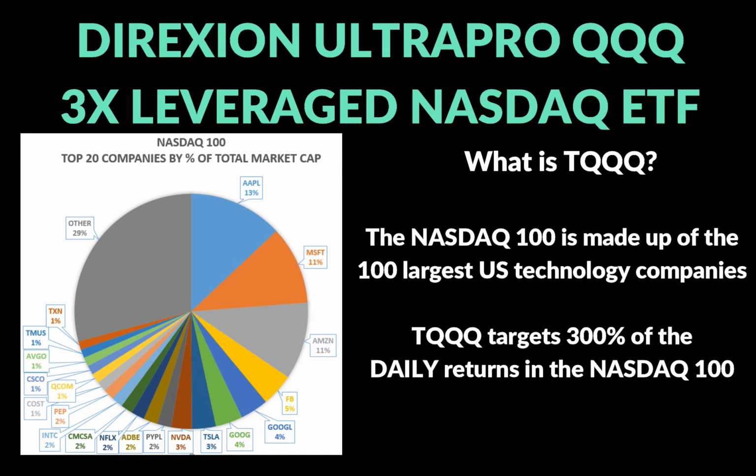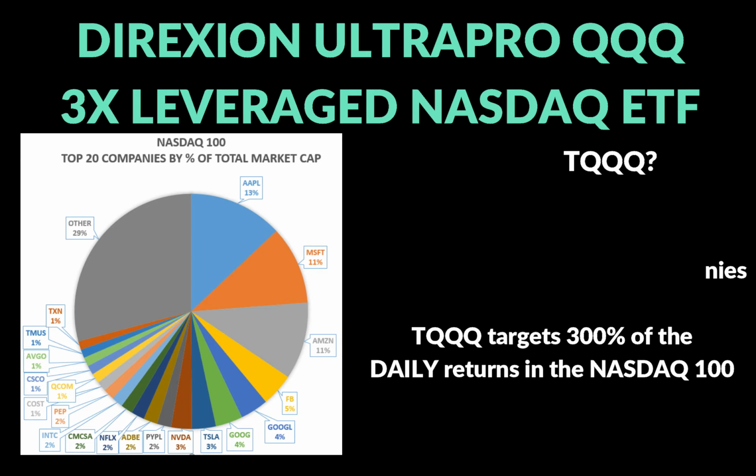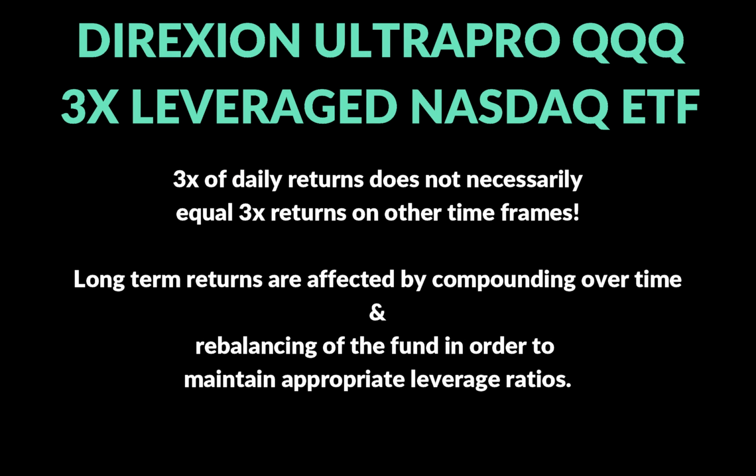So what TQQQ is trying to do is achieve 3 times the daily return of the NASDAQ 100. There's a couple key things there. 3 times the daily return. That doesn't necessarily mean the annual return or the return over a weekly time frame. It's only talking about the daily return. And in order to do that, they're going to have to reposition the fund.